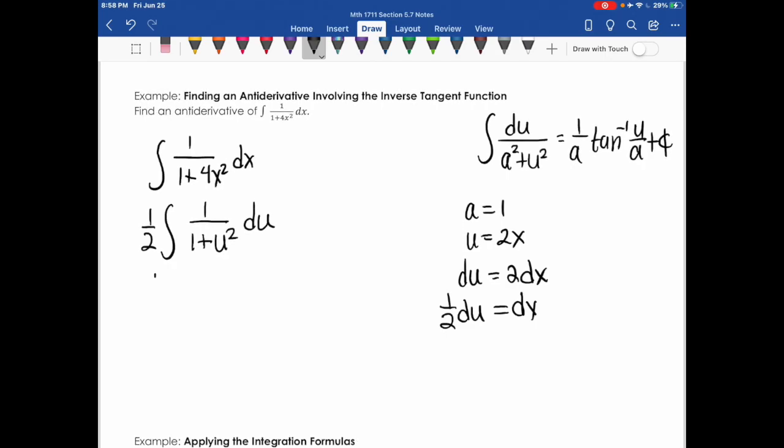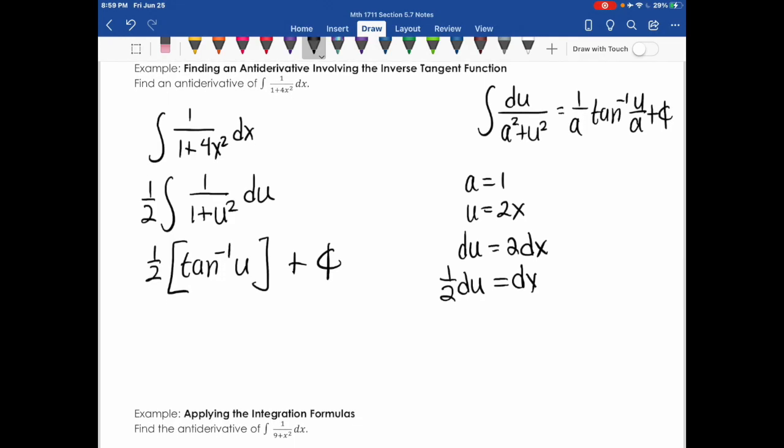So I have 1/2 in front, and I have 1 over 1 plus u squared du. Now when I use the formula, I'm going to have 1 over 1, because a is 1, which is 1, and then I'm going to have inverse tangent of u over 1, which is just u, and then I'm going to have plus c.